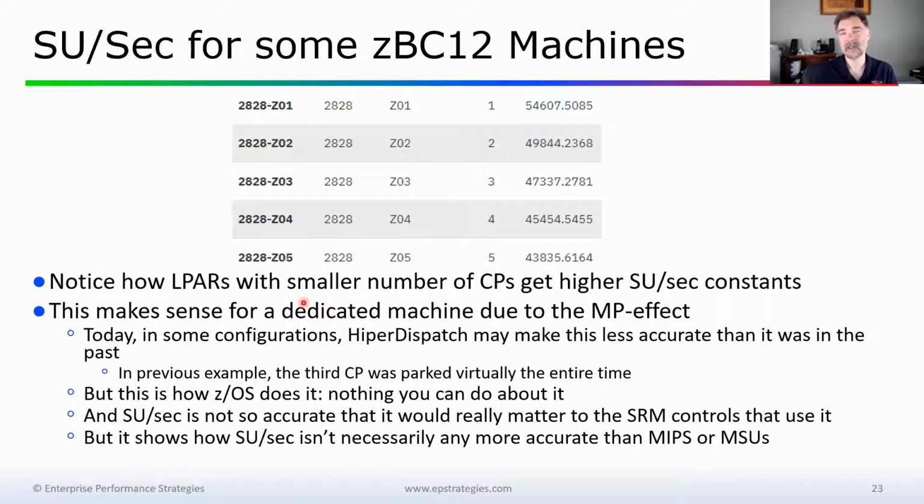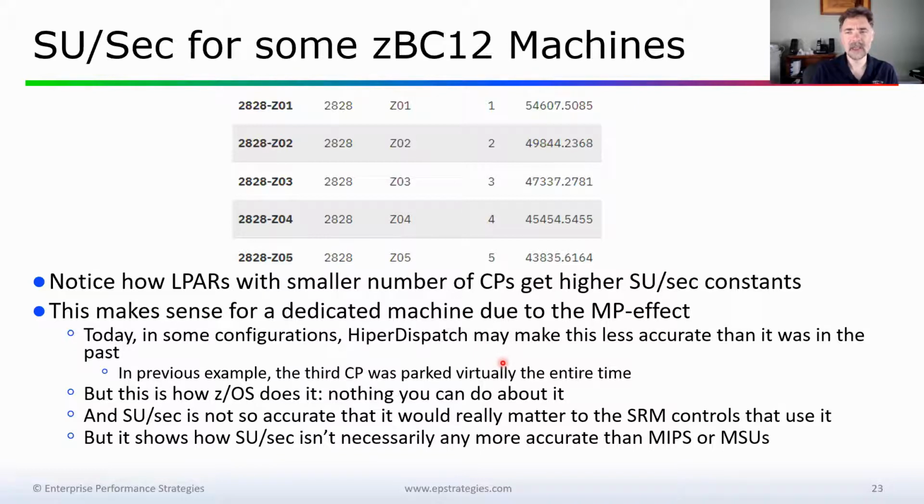There's also the possibility that when a task gets redispatched, maybe it doesn't get redispatched on the same exact CP, and so its data and instructions may not be in the L1 and L2 cache for that particular CP. So that's why this is a per CPU number, and it goes down as you add more CPs.